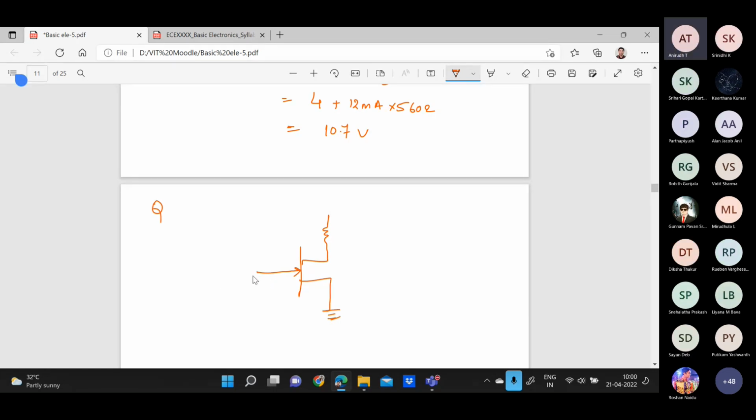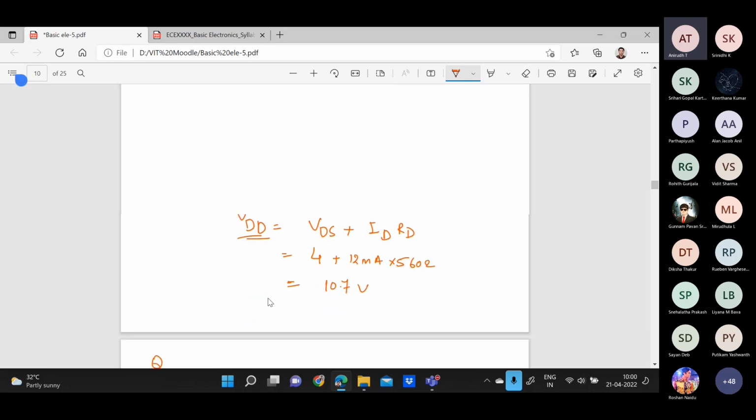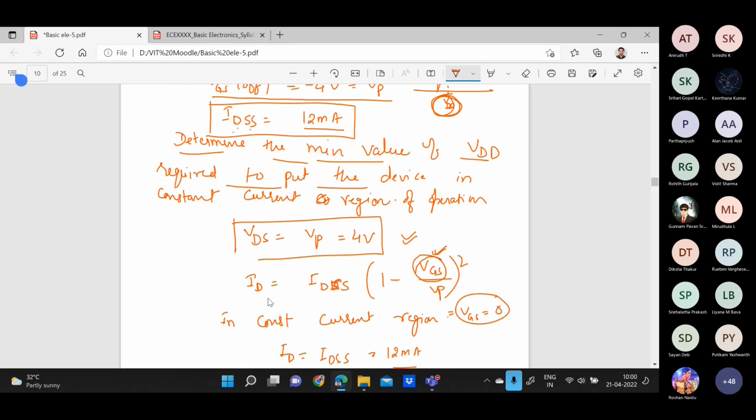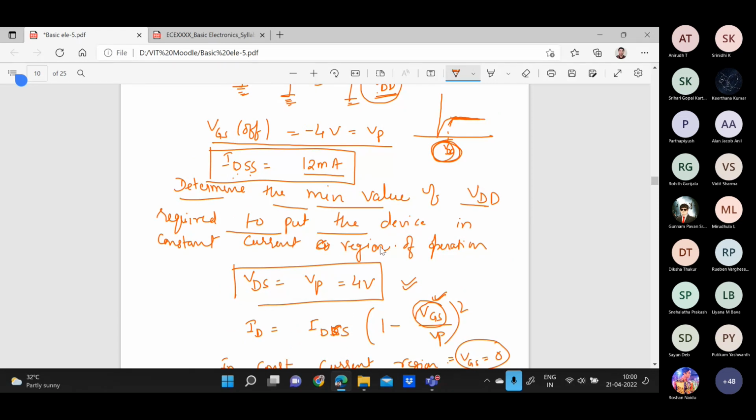Sorry, in the last question, can you say why VDS is equal to VP? Can you explain that part again? See, what is happening here? The minimum value of VDS for the JFET in the constant current region is when your VDS is equal to the pinch off voltage. If you remember, this is a minimum value.